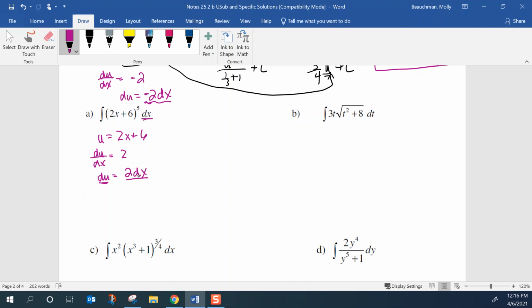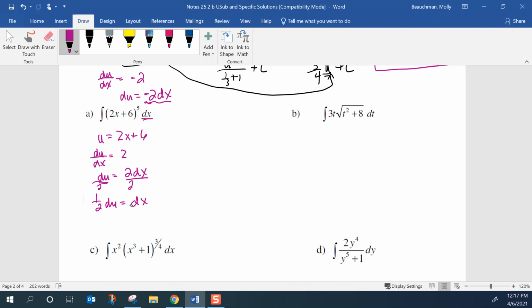So it'll be some multiple of du that you can substitute. So to have the expressions match exactly, instead of 2 dx, I need a single dx. Divide both sides by 2 or multiply both sides by a half. I get 1/2 du is equal to dx.